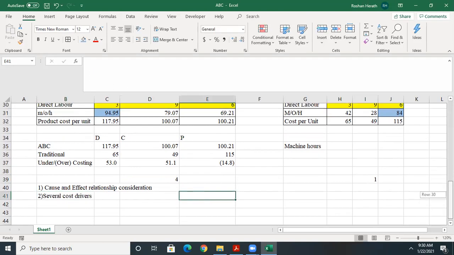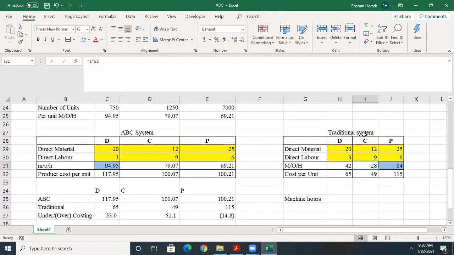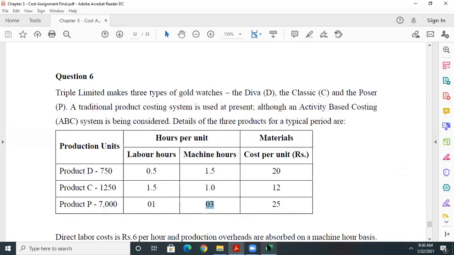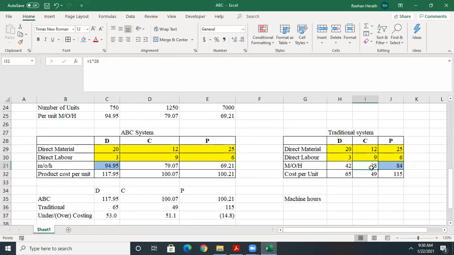And similarly you can see that product C has a kind of simple situation. They have used one, so it tends to have comparatively less manufacturing overhead. But once you work that out, you can see that C should have 79.07. That must be their real manufacturing overhead.